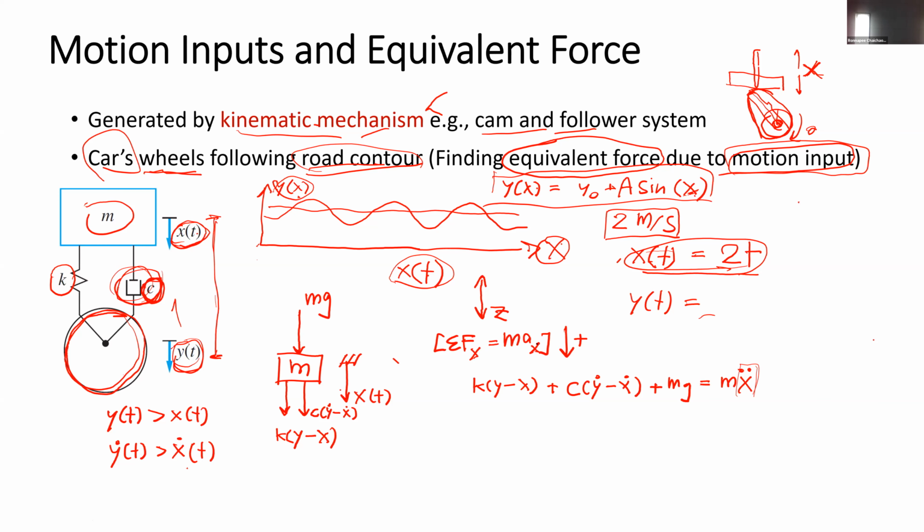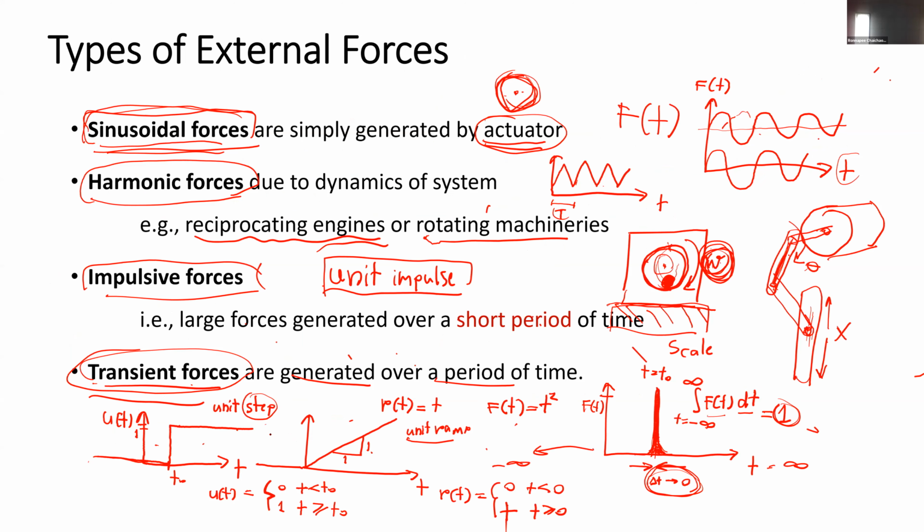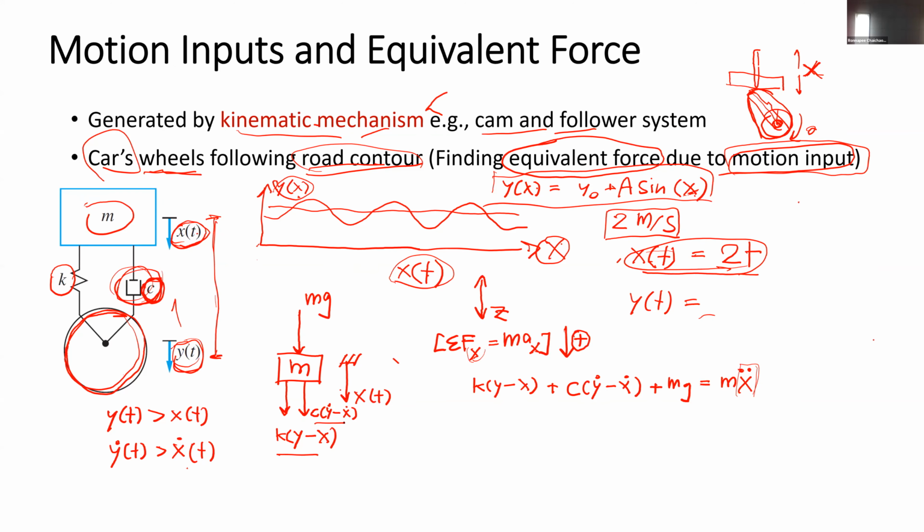But x in this case means the vertical displacement. The summation of the force in the vertical direction is equal to the mass multiplied by the acceleration in the vertical direction, and downward is considered positive. So the spring force, the damping force, and mg are all positive because everything is in the downward direction, and equal to the mass multiplied by the acceleration, also positive in the downward direction.